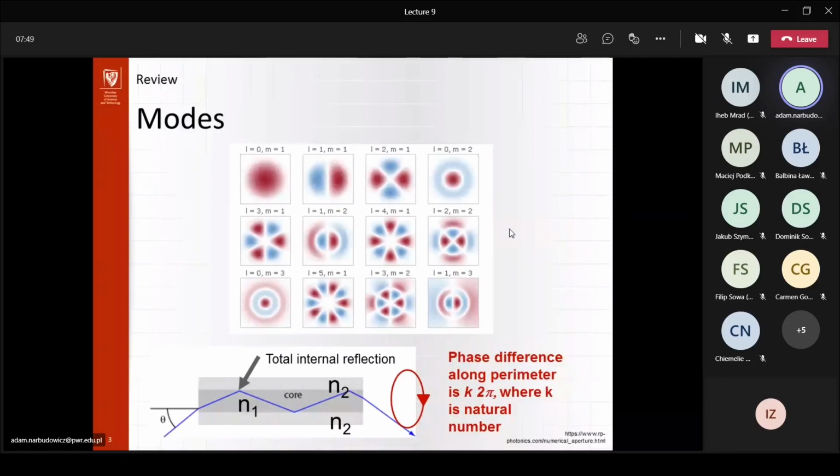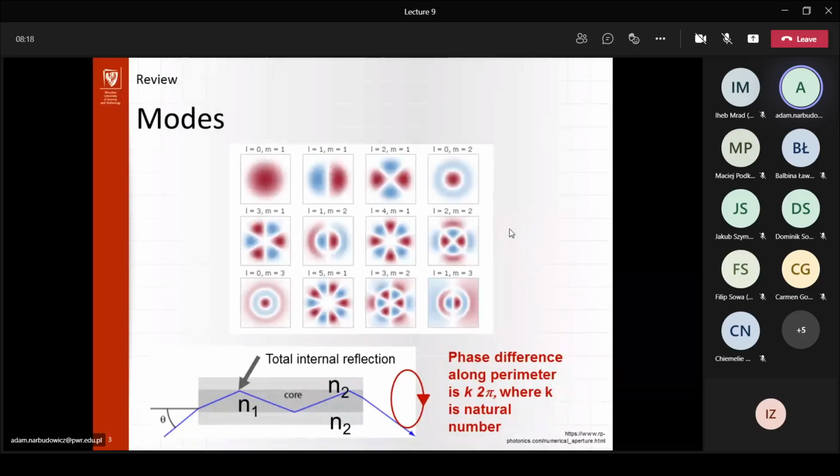When we have the boundary between the two materials, the core and the outer layer, then it turns out there is a discrete number of possible solutions to the Maxwell equations, meaning a discrete number of shapes of the electric fields that can be supported by such a structure.